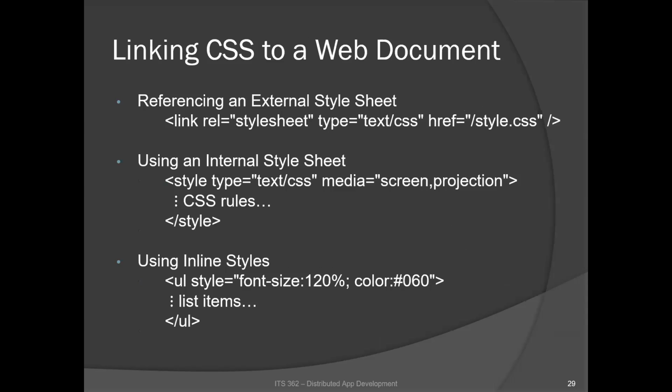All right, so just a few things about cascading style sheets. They're divided into 3 ways of looking at them: external style sheets, internal style sheets, and inline styles. Inline styles are the least preferred because you're basically putting the style in the HTML code.